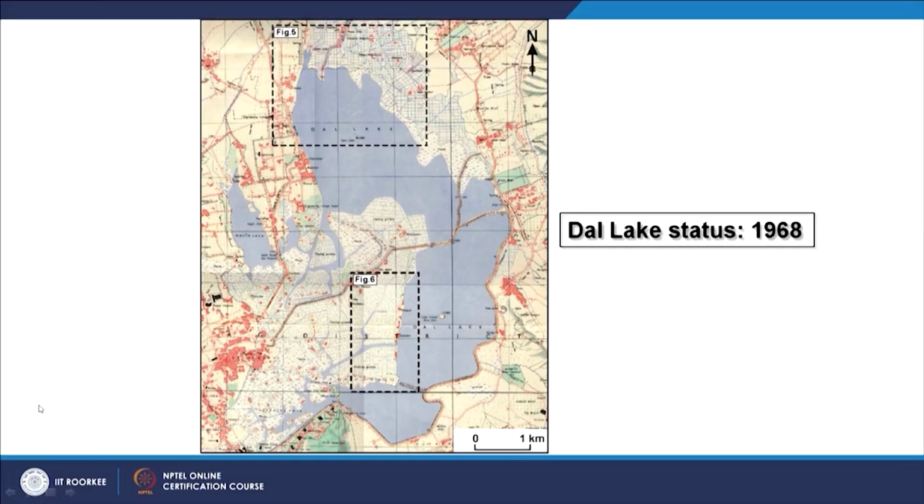Now, the challenge was that we wanted a very authentic record of the shape of the lake through some reliable maps, and luckily we got a 1968 map of the Survey of India, which we considered, and we still feel that their products are really very accurate and genuine.